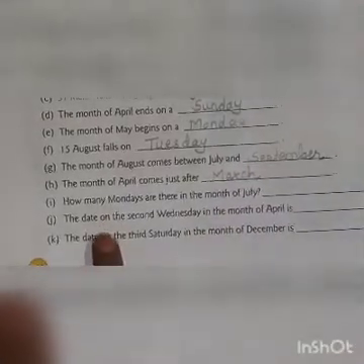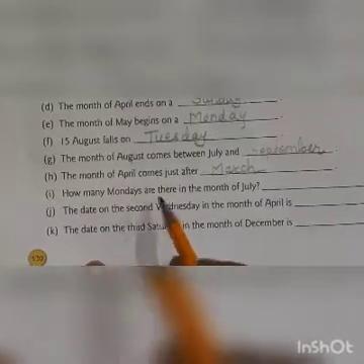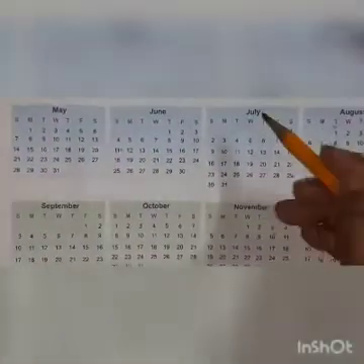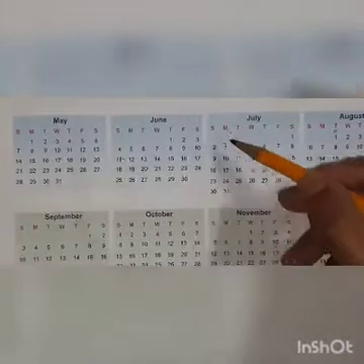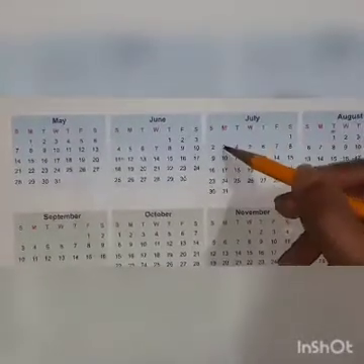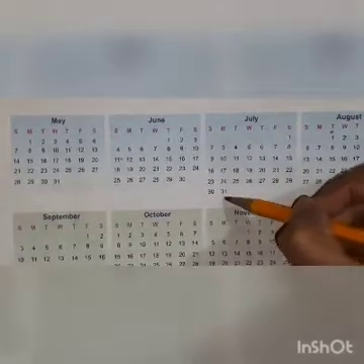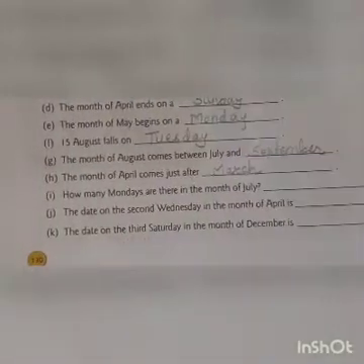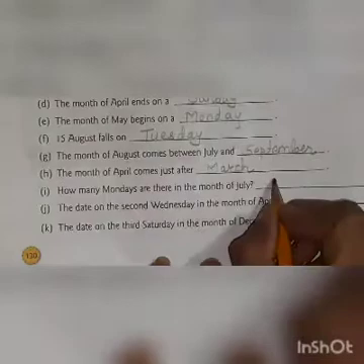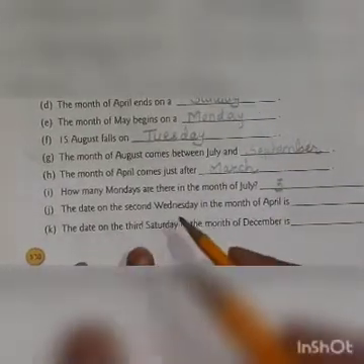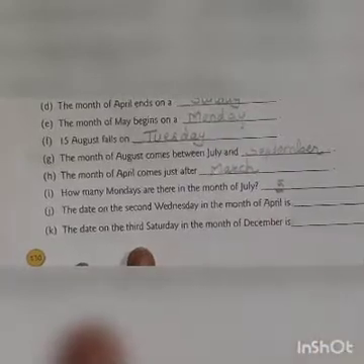Now how many Mondays are there in the month of July? So we are going to see the calendar. In the month of July, how many Mondays are there? Here is Monday. 1, 2, 3, 4 and 5. How many Mondays are there? 5. You can write the number. The date on the second Wednesday in the month of April.